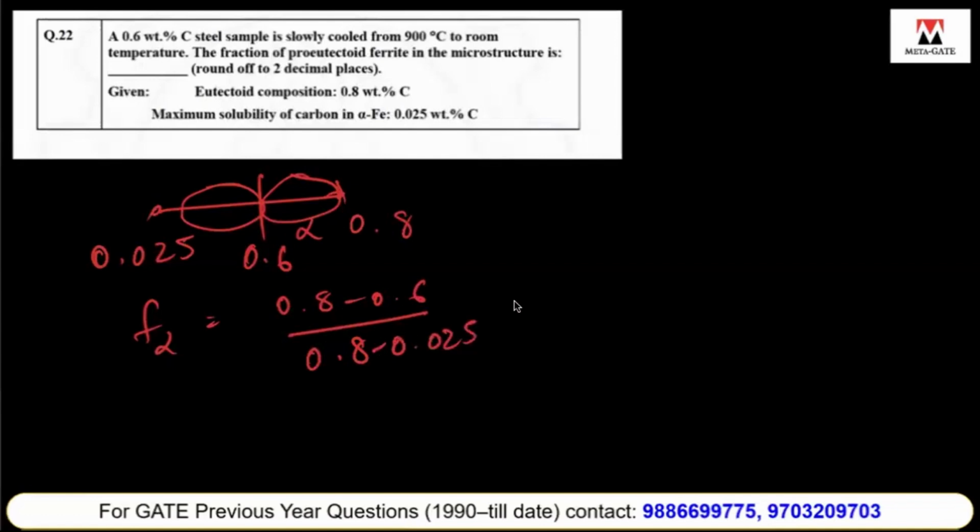So you need to find this part, pro-eutectoid ferrite. Pro-eutectoid ferrite is this one and eutectoid part is this one. So F alpha is equal to 0.8 minus 0.68 over 0.8 minus 0.025, which is equal to 0.258. So it is 0.26.